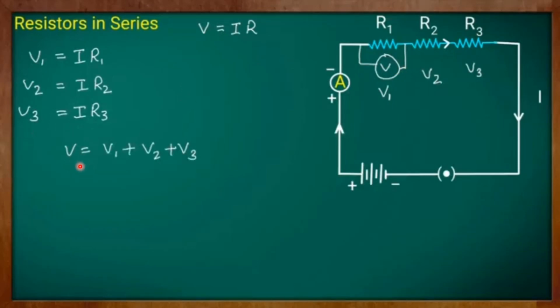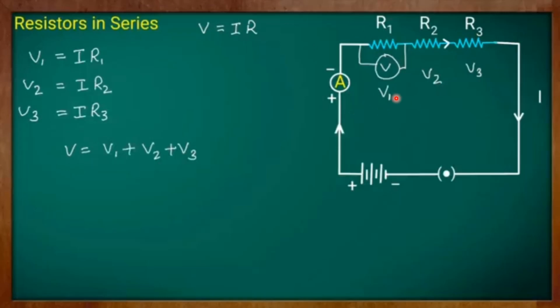The total voltage V is the sum of V1, V2, V3, because all these three voltages are involved in the circuit. If I add these three voltages, V1, V2, V3, I get the total voltage across the circuit, that is across R1, R2 and R3.